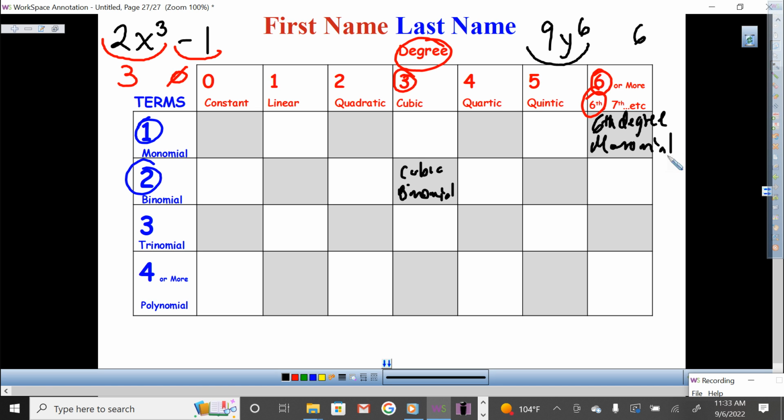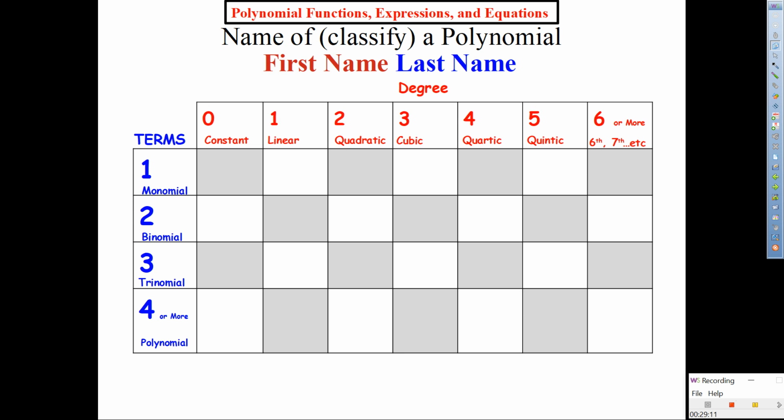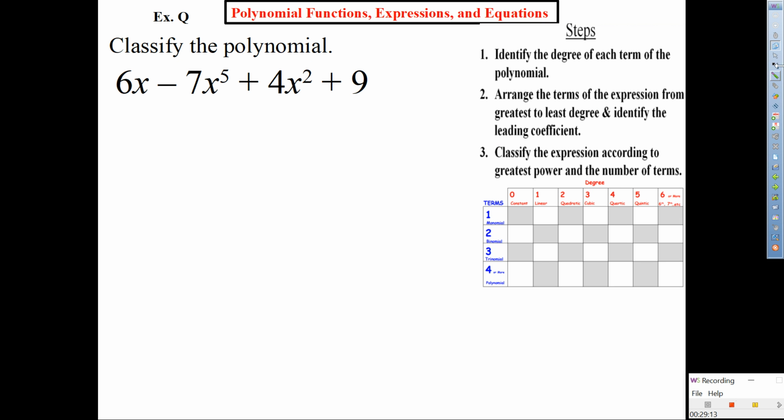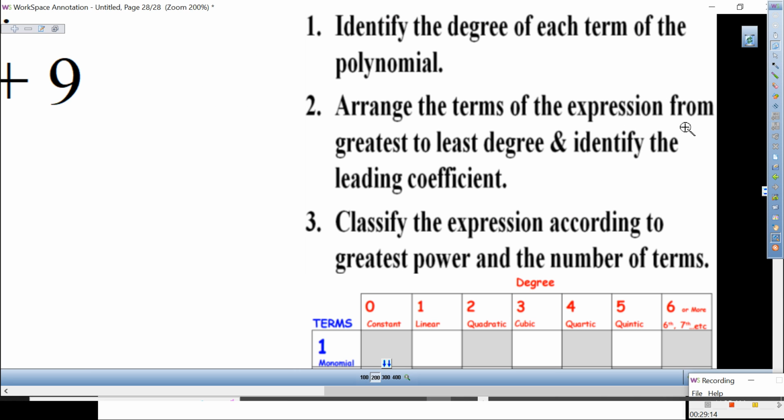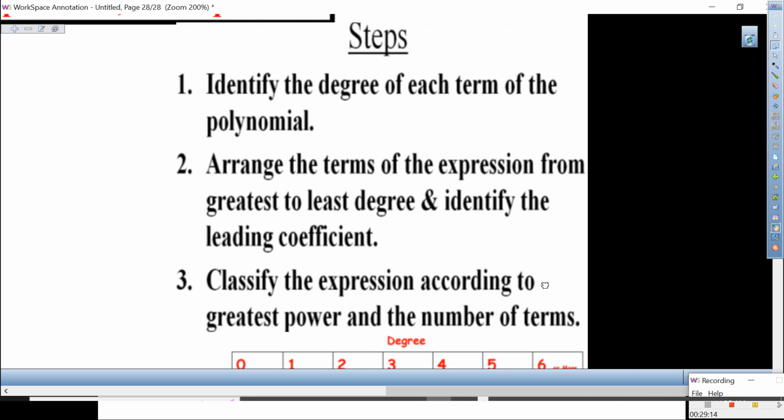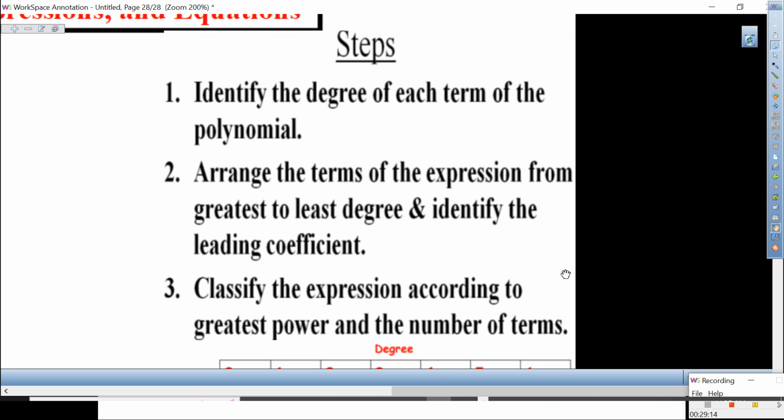Okay? All right. So, with that said, now that we know how to use the tool, let me zoom into the steps, copy these steps. These are the steps that you're going to use for your homework and for what we're going to do for today's session. There it is. I'll give you some time. It reads, step number 1, identify the degree of each term of the polynomial. Step 2, arrange the terms of the expression from greatest to least degree.